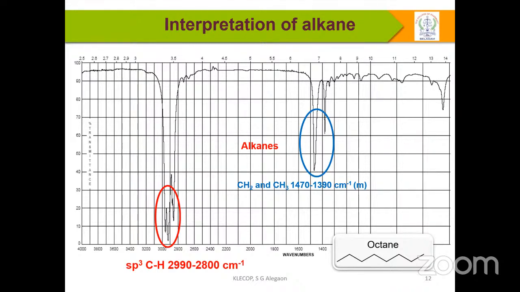How am I going to differentiate between plain alkanes and branched alkanes? Most people, I know, are not working on simple alkanes, but to understand IR better, I have to start with alkanes first.